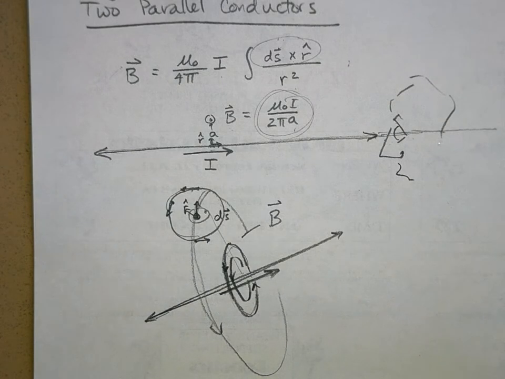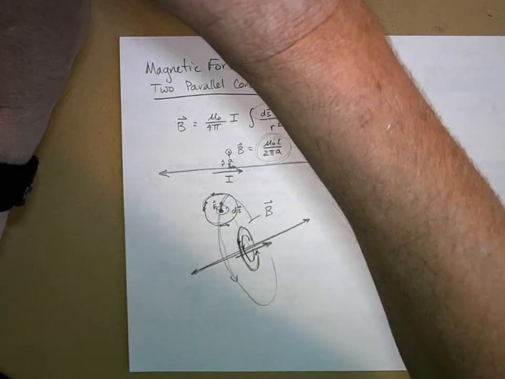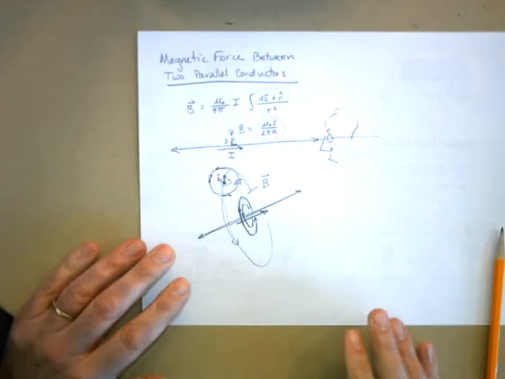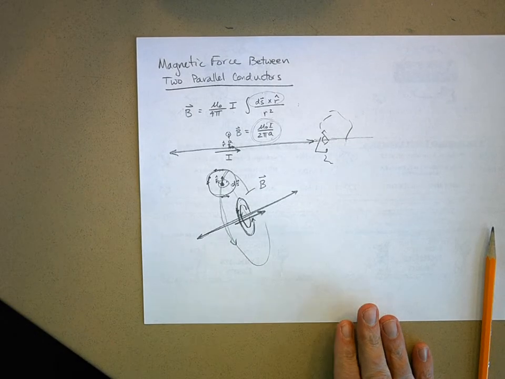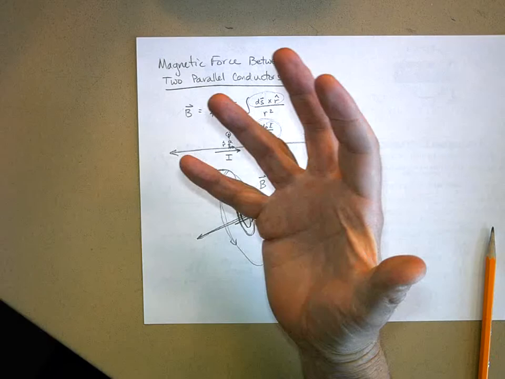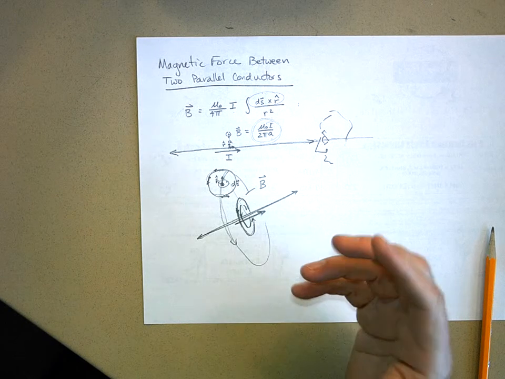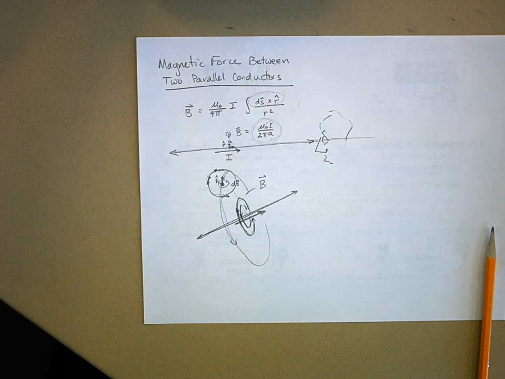So this is useful. So zoom all the way out, because I need to use my hand here. Here's what you do, everybody. And even those of you watching at home, okay, take your right hand, and grab the wire with your thumb in the direction of the current that the current's flowing in.